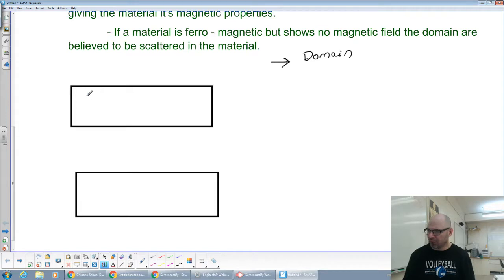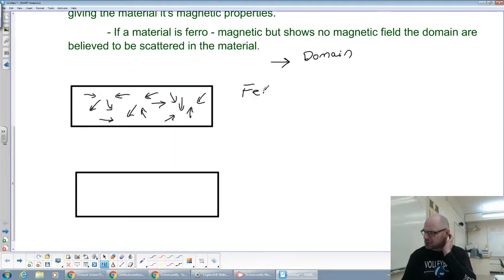If you have in here the domains just kind of scattered all over the place, pointing in various directions, they kind of cancel each other out. So this would be a ferromagnetic material.